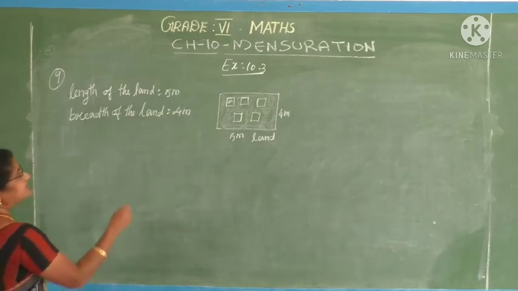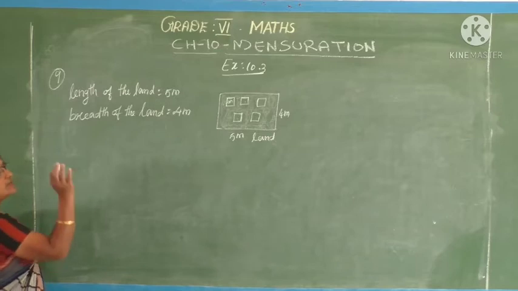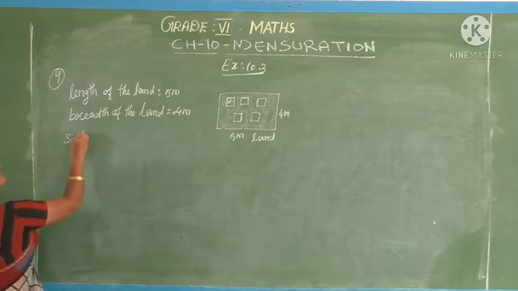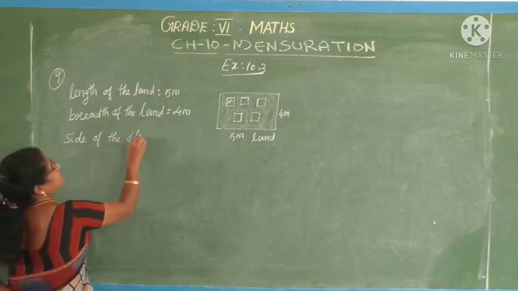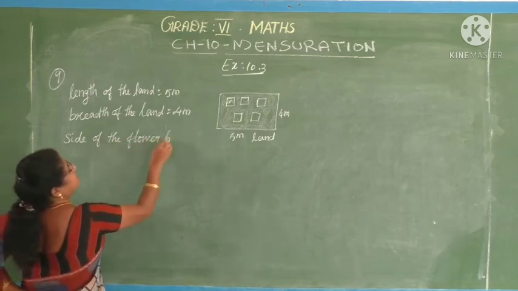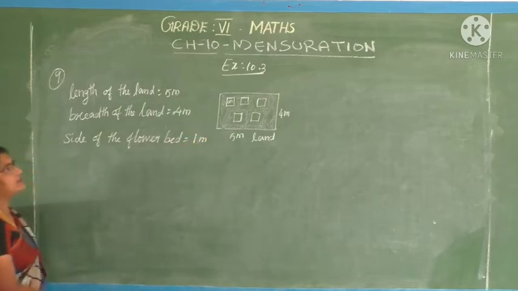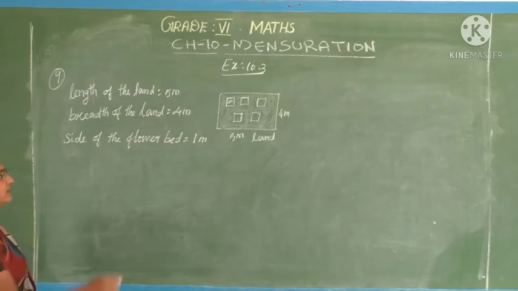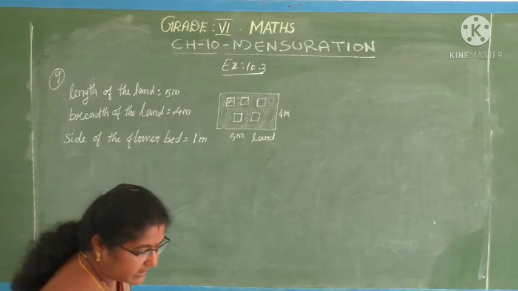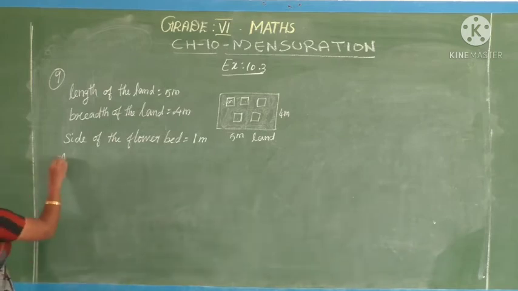Okay, next, for the flower bed. Flower bed is square in shape. So side of the flower bed is 1 meter. So here all the measurements are in the same unit, meter. Now we have to find the area of the remaining part of the land.